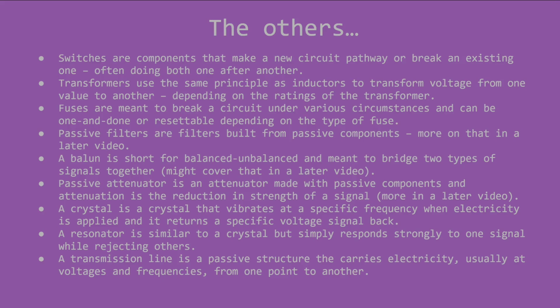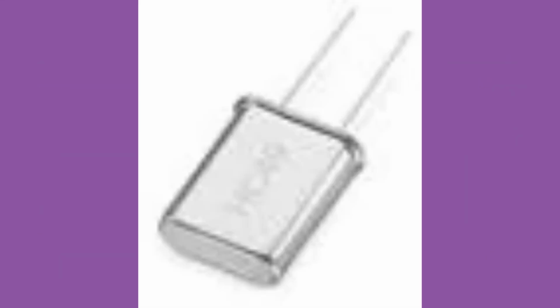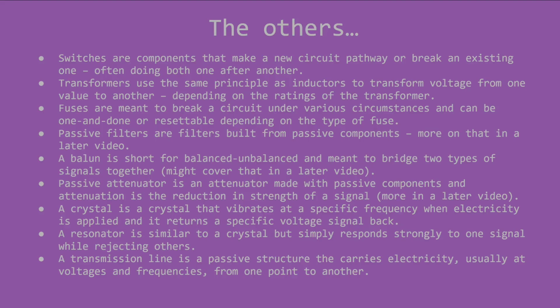A passive attenuator is an attenuator that's made from passive components, and attenuation is the lowering of the strength of a signal. A crystal, usually quartz, vibrates at a specific frequency when electricity is applied to it, and then it returns a specific voltage signal back. This is important for computer clocks.